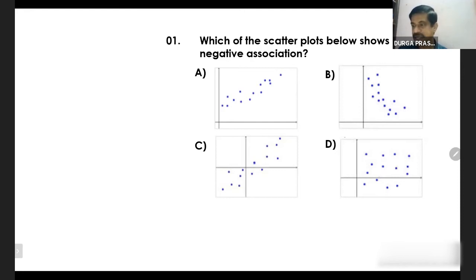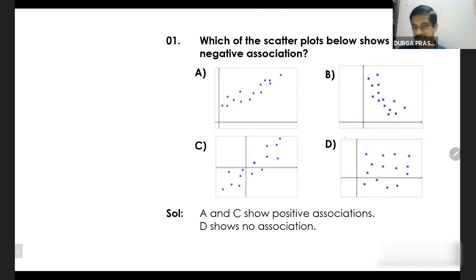Negative, you should have understood by now what the strategy is. I told you already, when it is upward like this, it is increasing, and downward like this, it is decreasing. So these two are increasing. This one is connectionless, very much scattered. There is no relation at all.